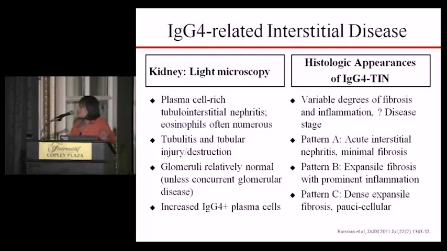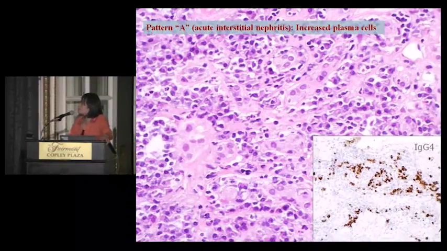Because of that, 3 patterns of IgG4 interstitial nephritis are derived. Okay, this is pattern A. Now if you see, the interstitium has a very mild degree of fibrosis, with very active, many inflammatory infiltrates with IgG4 positive plasma cells.